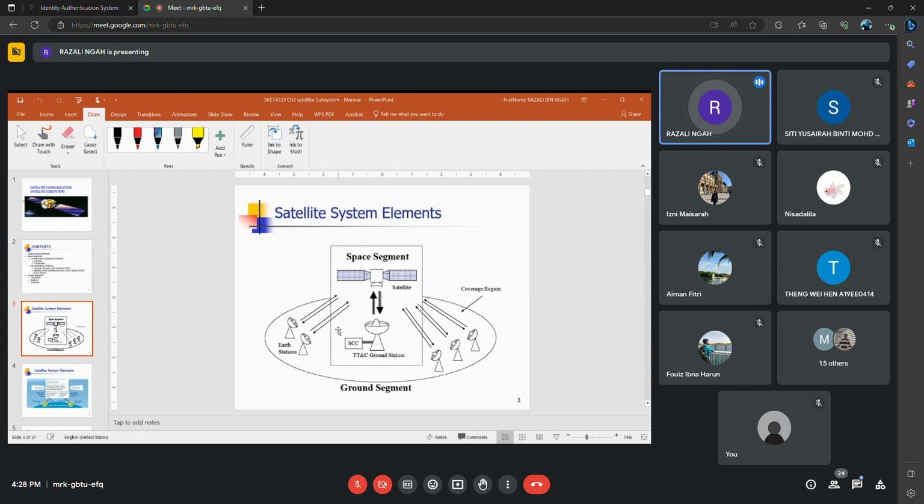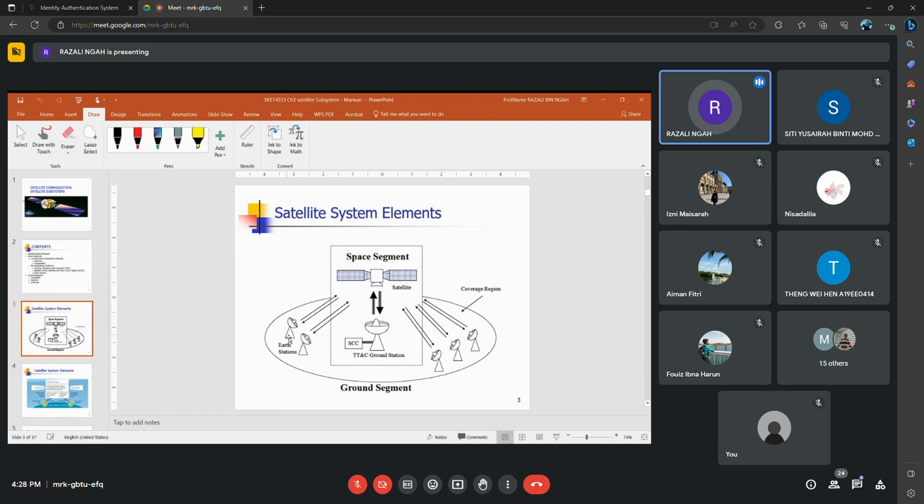The satellite control center is actually owned by the owner of the satellite. So this does not mean every user has a TTNC. TTNC is only available for the satellite owner, and it is used to monitor the condition of the satellite.